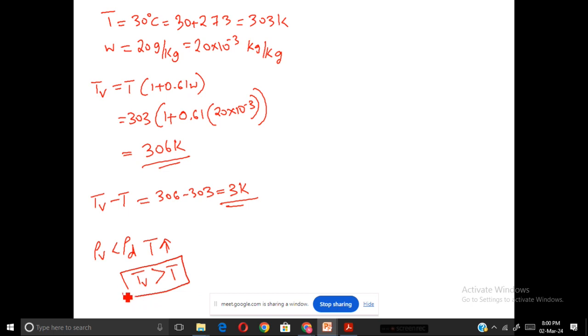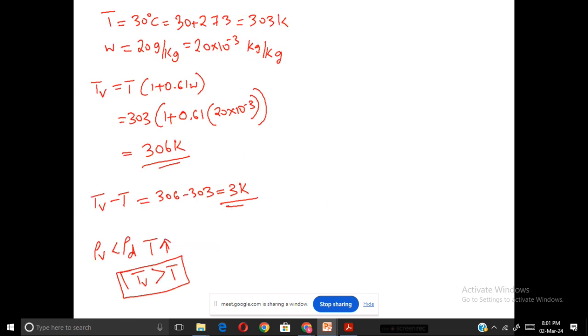We have to raise the temperature of the parcel in order to have the same density as that of vapor. So in all cases the virtual temperature will be greater than the actual temperature. Like we got 306, the actual temperature was 303. The difference is around 3 Kelvin. 3 Kelvin is the virtual temperature correction. Okay, I hope it is clear.